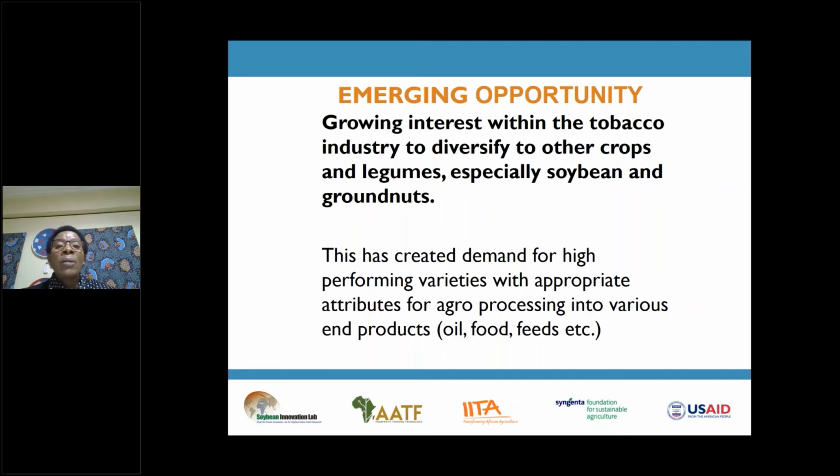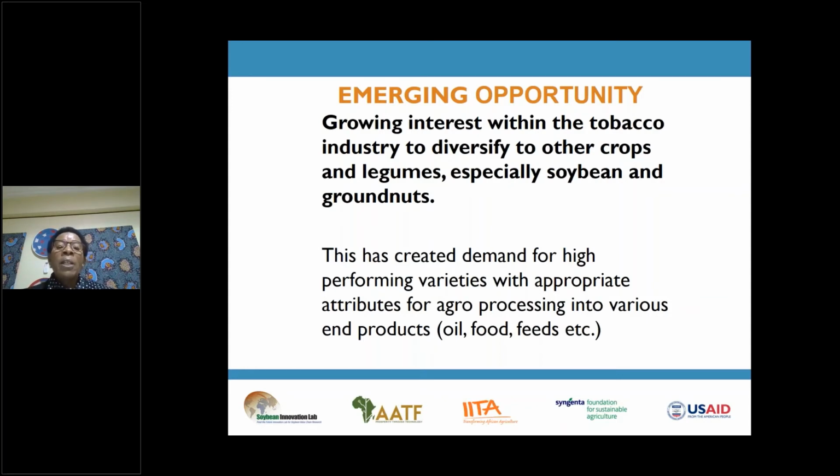So the tobacco growers and the suppliers are looking at other crops which can replace tobacco or supplement tobacco. And soybeans has been identified as one of the crops which can supplement or replace tobacco.